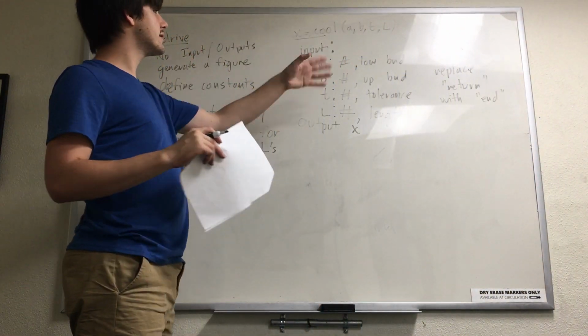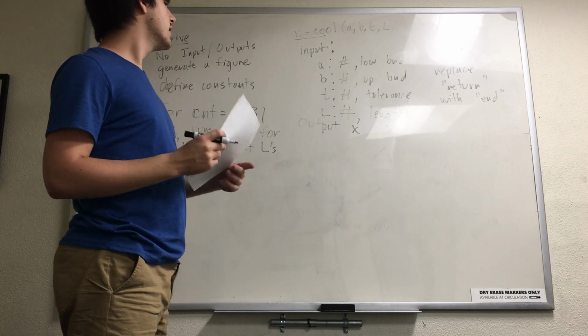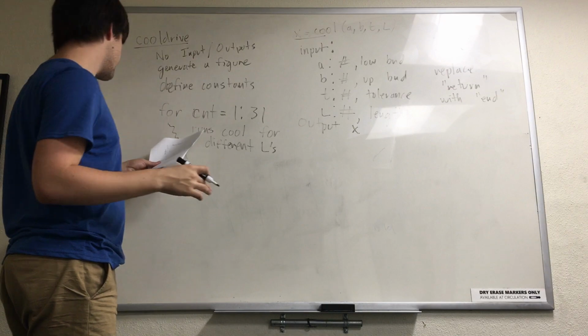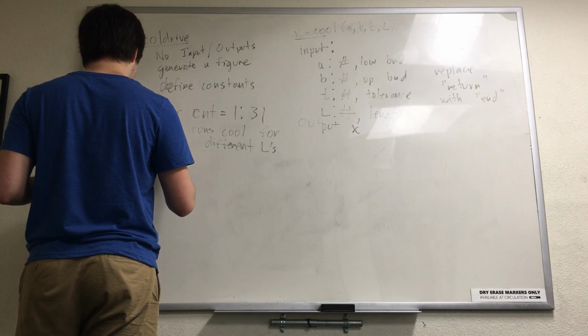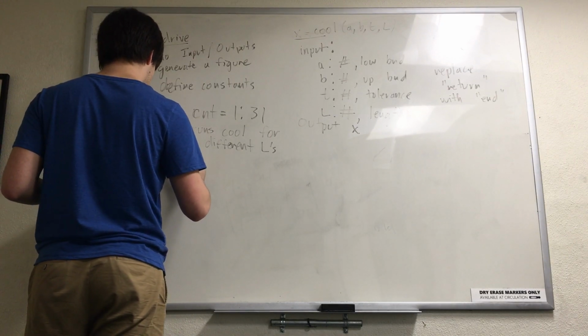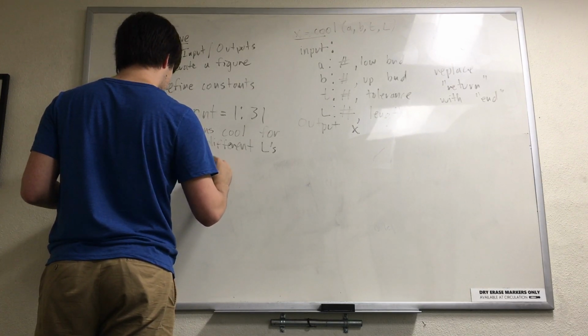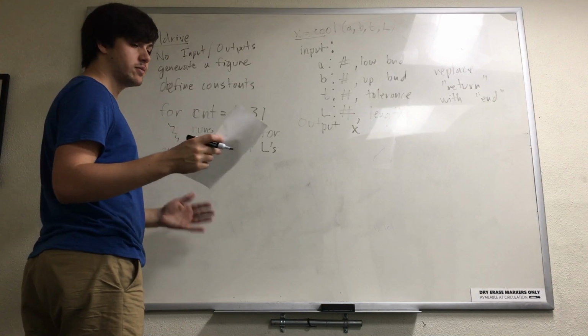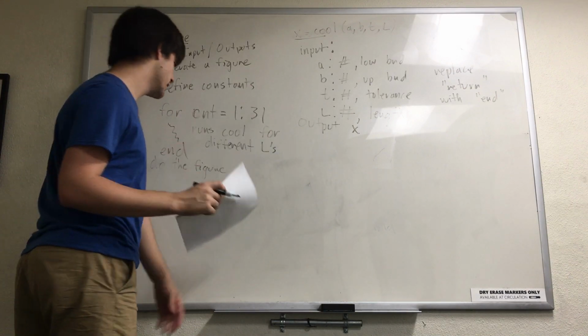So yeah, those are basically the entire lab. I'll discuss cool and cool drive a little more, but you are going to do the figure. And one big thing that this for loop does is it'll actually help you store your numbers in the vector.